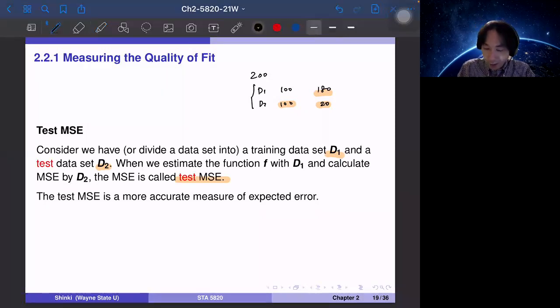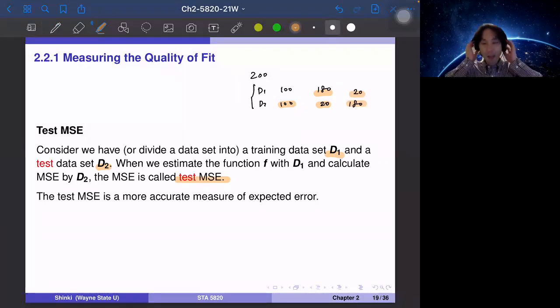And the other way around, if the test set is 180, then we get a more reliable estimate for test MSE. But if we only have 20 observations to train the model, then we cannot get a good estimate for beta naught or beta 1, beta 2. So this is also not good. So we have a trade-off.